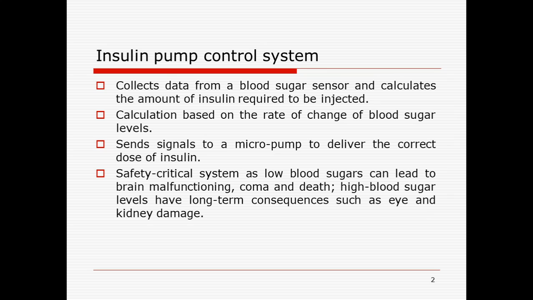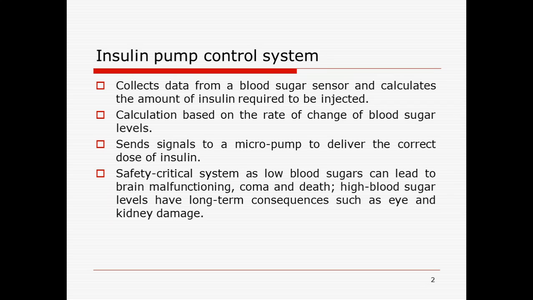Now, the first category, that is the insulin pump control system. I think you know what a diabetic condition is. Diabetic means where the blood glucose level is not controlled. Our organ called the pancreas secretes insulin to control our blood sugar level.